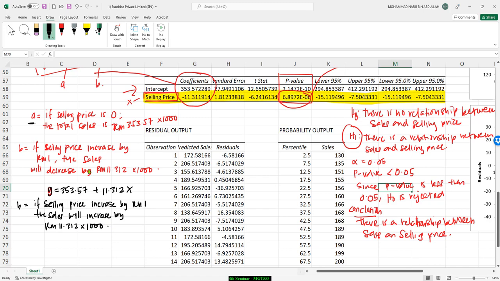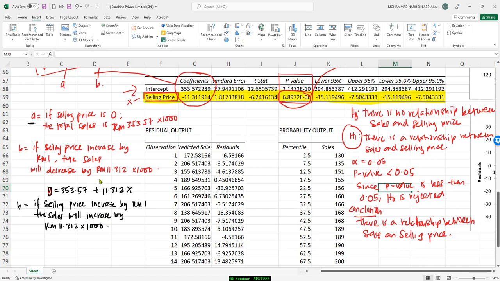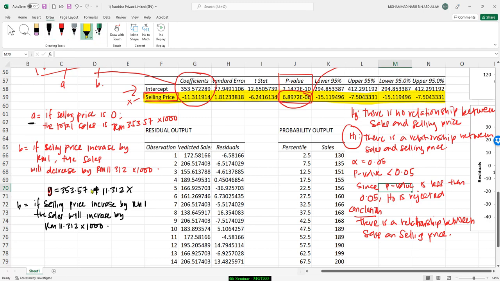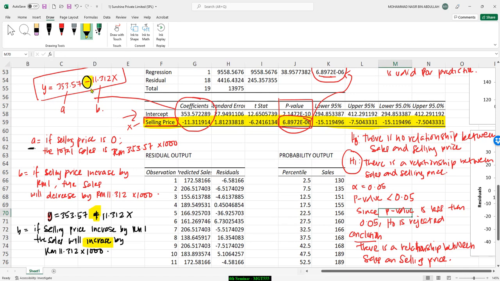So remember the sign is playing an important role in interpretation, right? Sign positive, increase. Kalau dekat sini negative sign, decrease. Boleh? Boleh faham setakat ni? InsyaAllah doktor. Boleh.